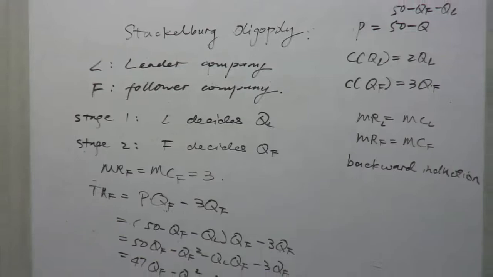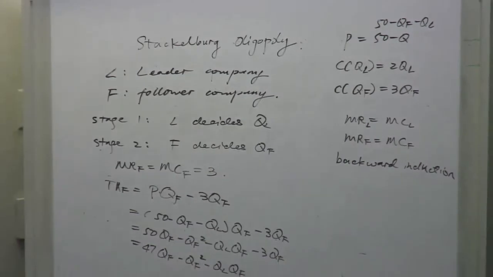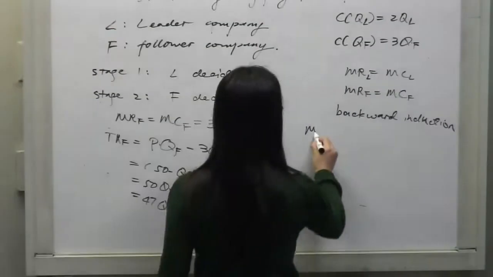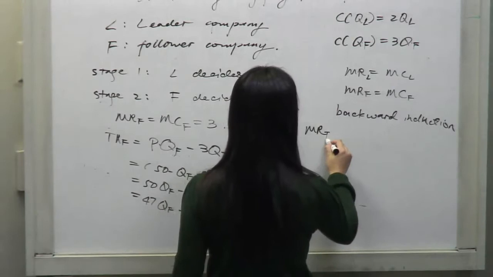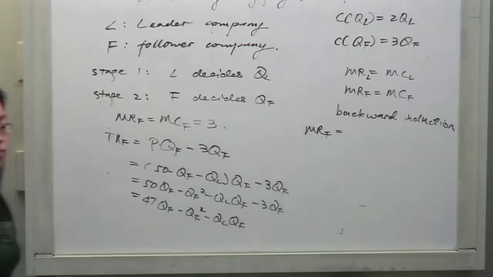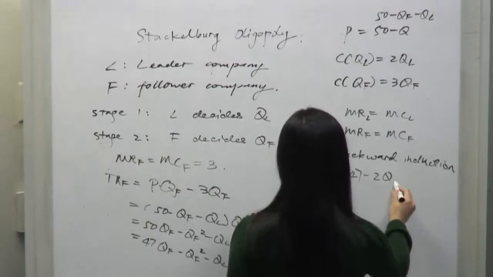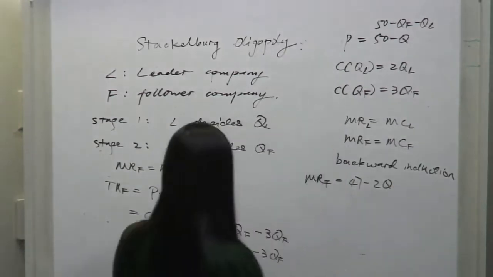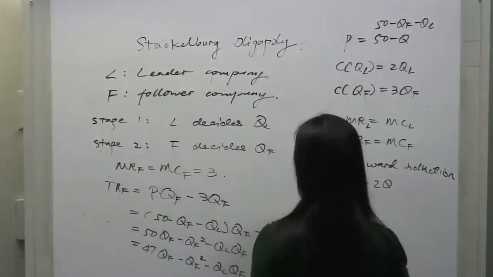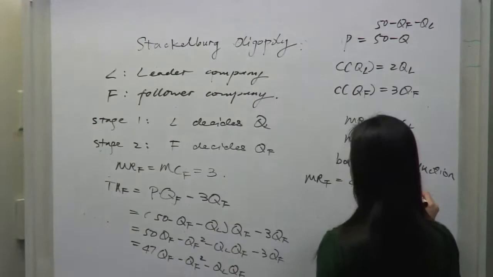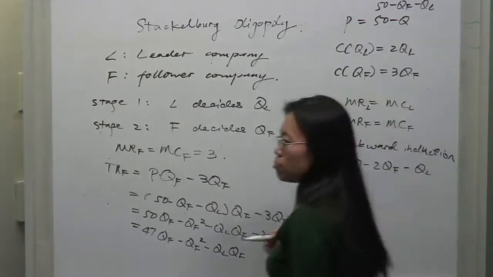What next? Take the derivative, good. What is the derivative of this with respect to QF? It'd be 47 minus 2QF minus QL. Everybody agrees?